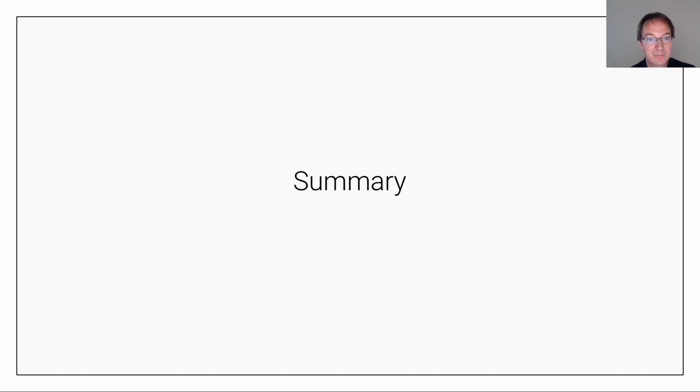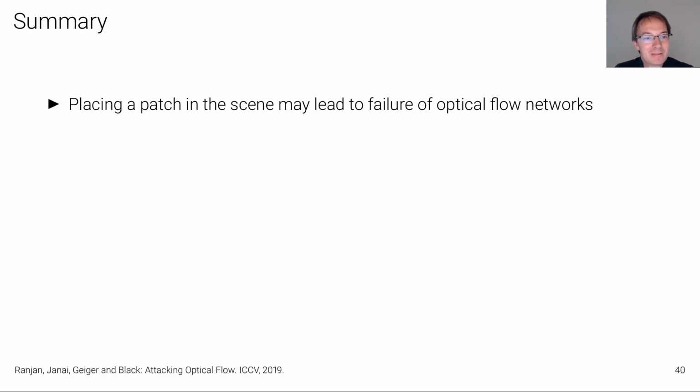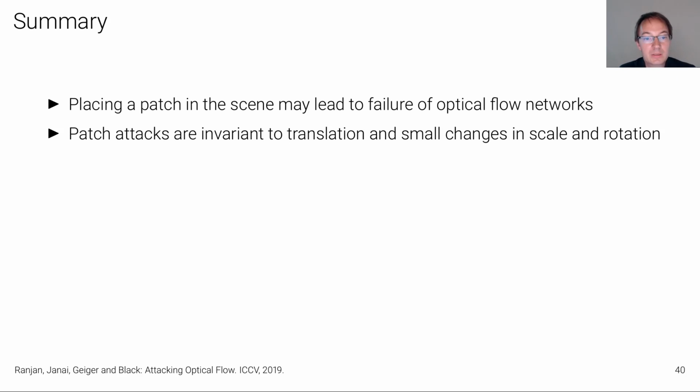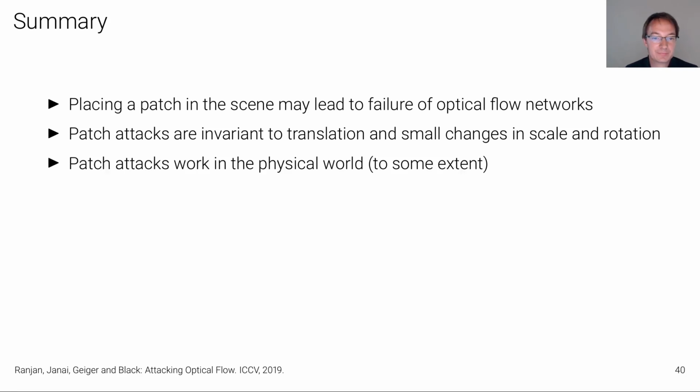Let me briefly sum up. I've demonstrated that placing a patch in the scene may lead to failure of optical flow networks, as it does for classical adversarial attacks on classification tasks. I've also shown that the patch attacks are somewhat invariant to translation and small changes in scale and rotation, and that these patch attacks work in the physical world, at least to some extent.